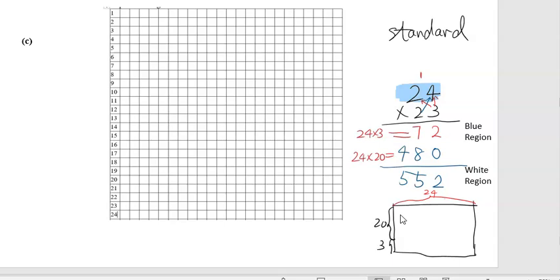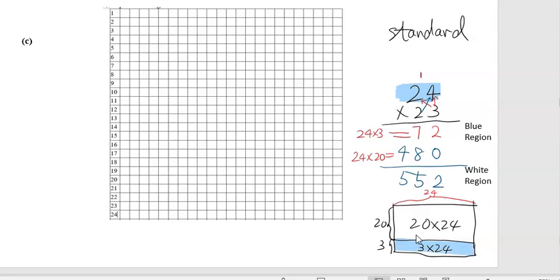So when we divide, we're only going to divide 23. And notice the top region, that is 20 times 24, 20 rows, 24 columns. I didn't really divide 20 rows and 20 columns like in the grid paper. You could just do this. And then here it's 3 rows and 24 columns. I'm going to highlight this in blue.